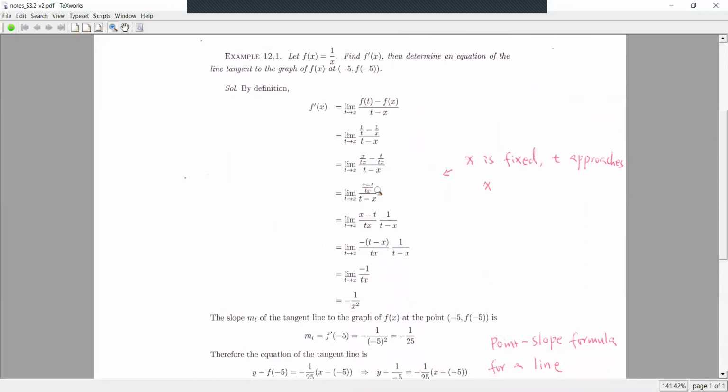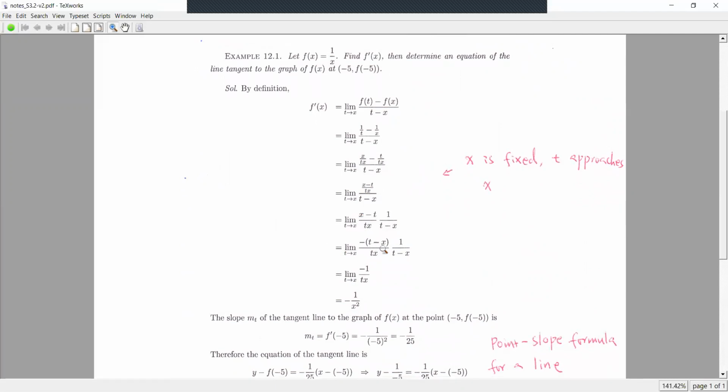Rewrite this fraction as this fraction times 1 over t minus x. And take out the negative sign from x minus t to get this equation.